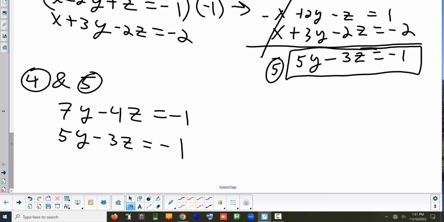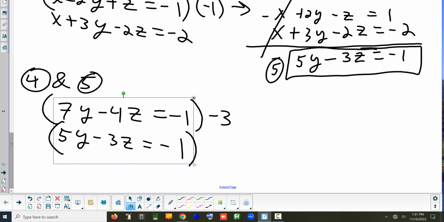Let's make the top z a 12, and then we'll make the bottom z a -12. What would I multiply the top by if I want to make the z a 12? Okay, so let's multiply that by -3. And what would we multiply the bottom by if we want to make this a -12? 4.